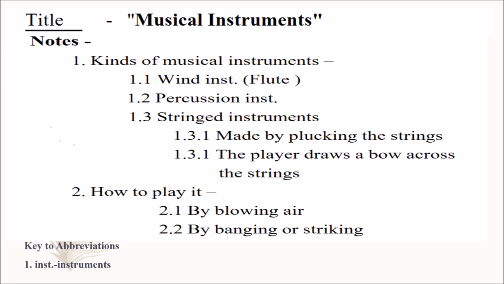Here I have used an abbreviation like inst., that is for instruments. Then under the 3 points I have written 2 subpoints like made by plucking the strings. Next subpoint is that the player draws a bow across the strings.